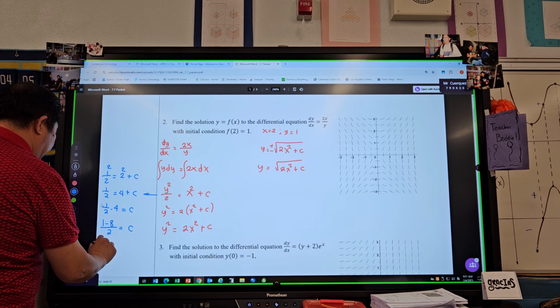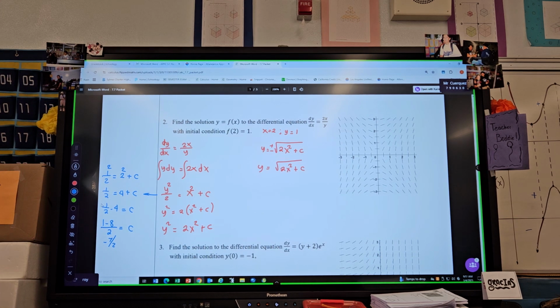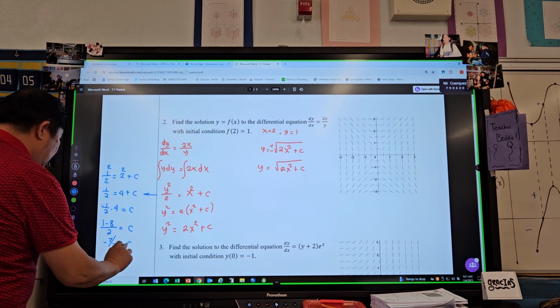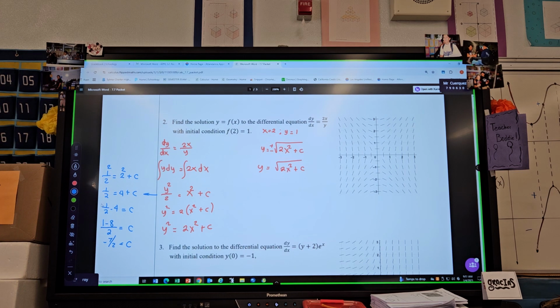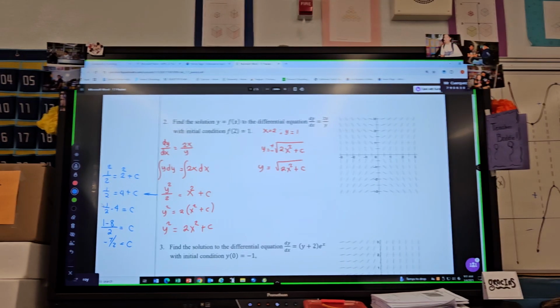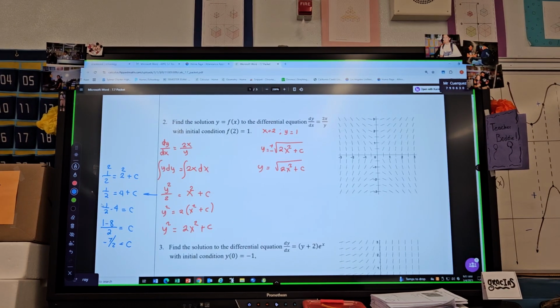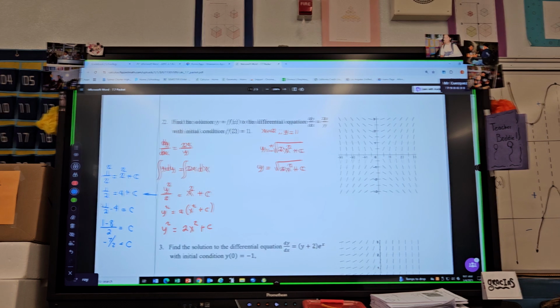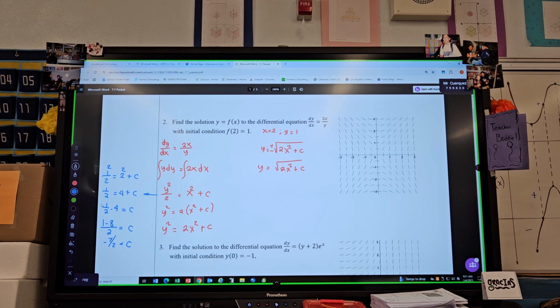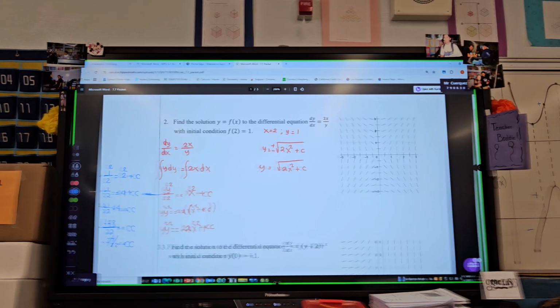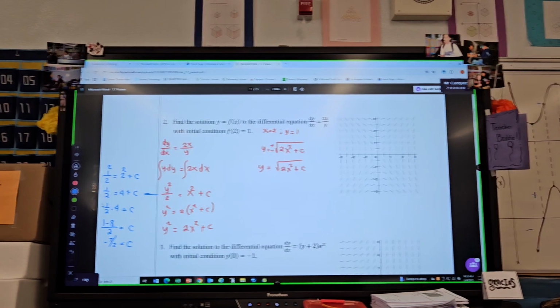So c therefore is negative 7/2. Okay, negative 7/2. Any question, guys? Clear?